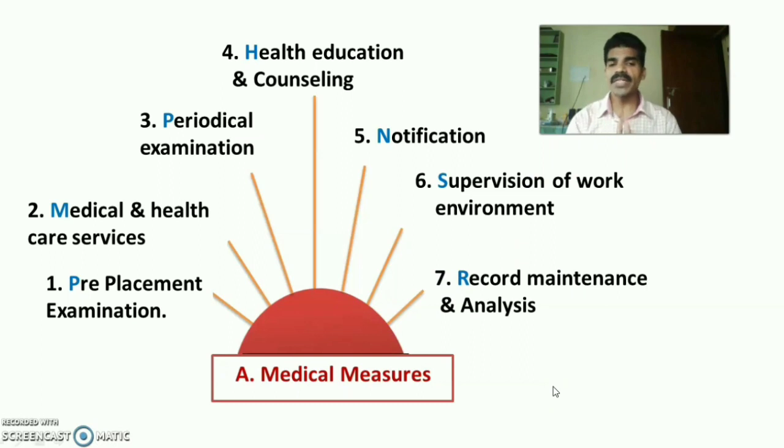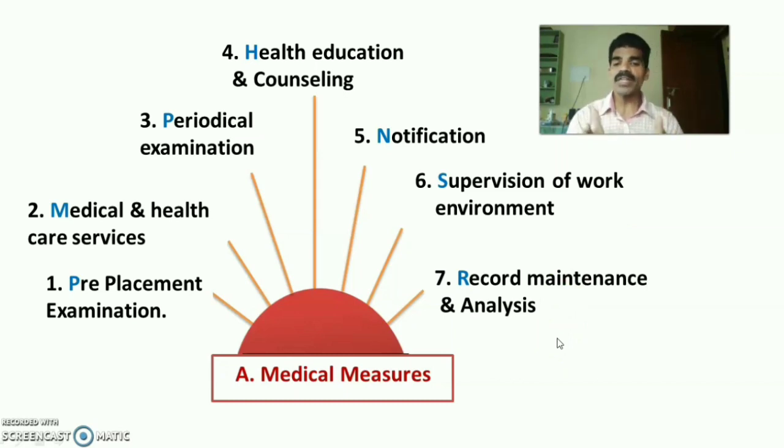The medical measures consist of 7 measures. First one is pre-placement examination. Second one is medical and healthcare services. Third one is periodical examination of the workers. Fourth one is health education and counseling. Fifth one is notification. Sixth one is supervision of work environment. And seventh one is record maintenance and analysis.